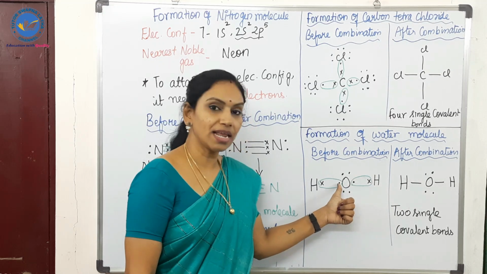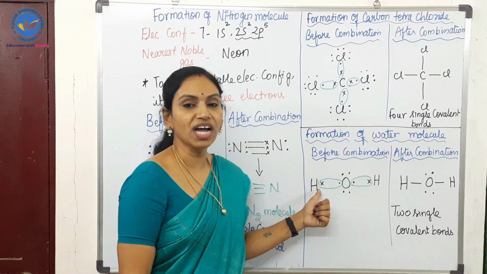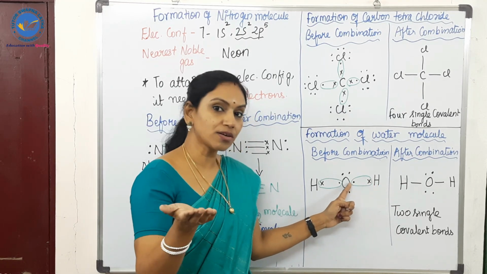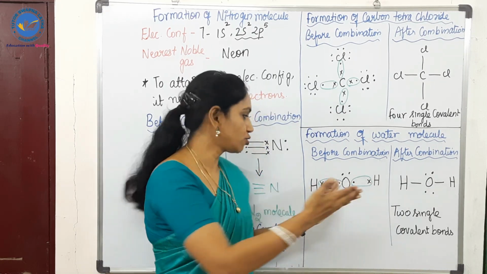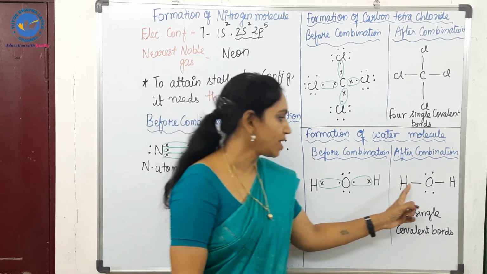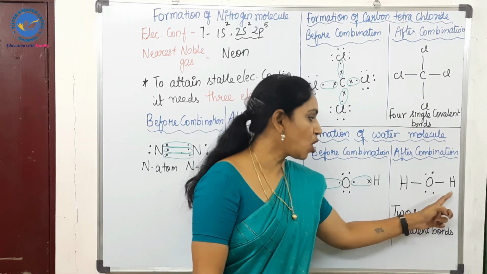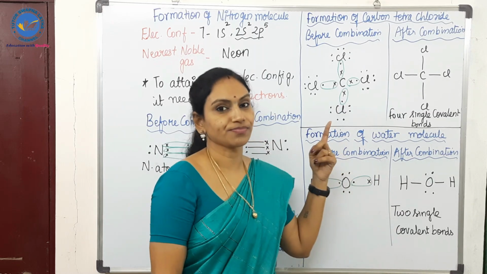So this unpaired electron combines with the unpaired electron of one hydrogen, and the other unpaired electron combines with the electron of another hydrogen. So totally how many bonds is it making? 2 covalent bonds. So 2 single covalent bonds are made for the water molecule.